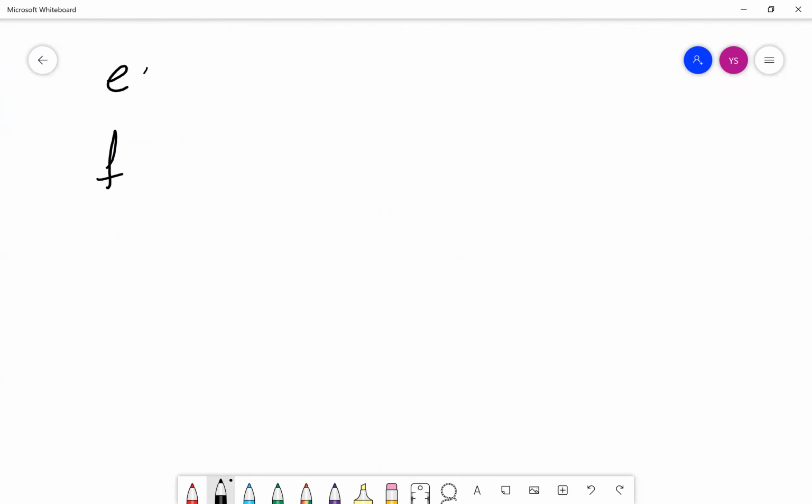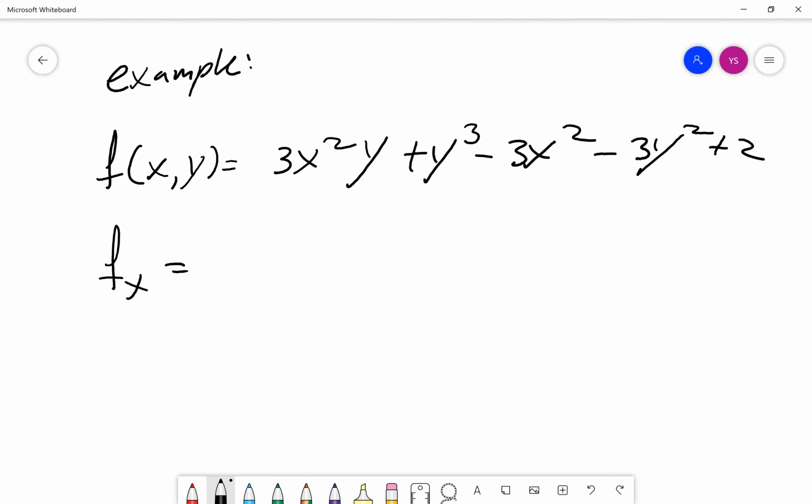Okay? So the first thing we want to do is find the partial of f with respect to x. That's going to be 6xy minus 6x. What is the partial of f with respect to y?